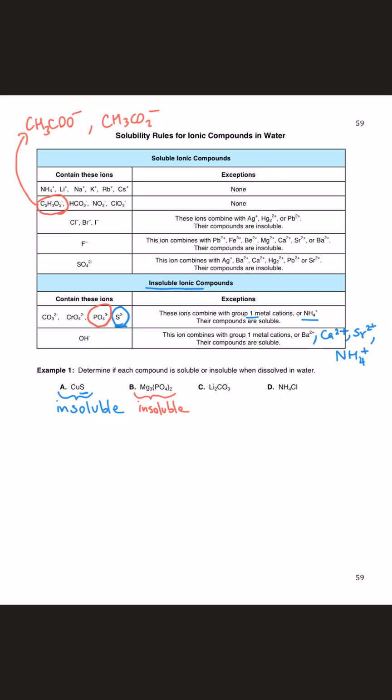Next, lithium carbonate. It doesn't matter whether you are looking at lithium or carbonate because both of them are listed on the table. Ionic compounds that contain lithium ions are soluble, and there is no exception.